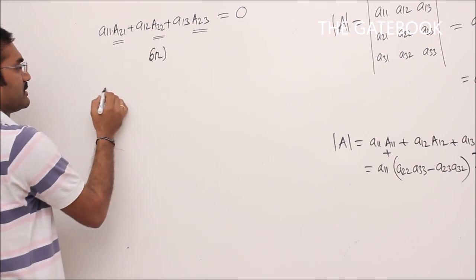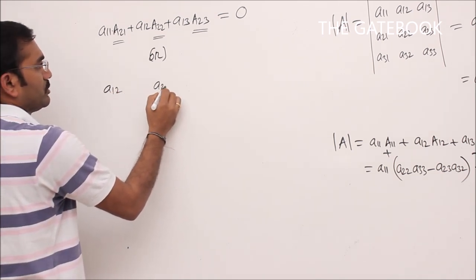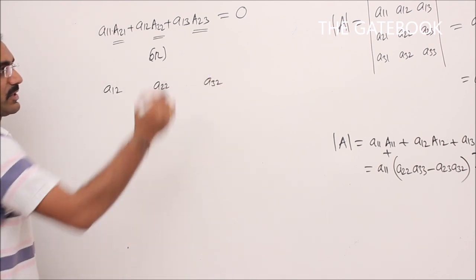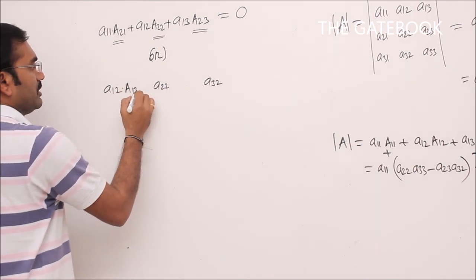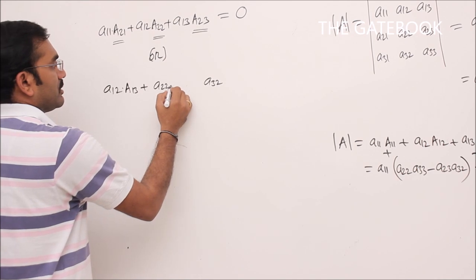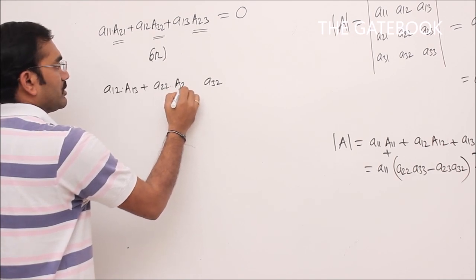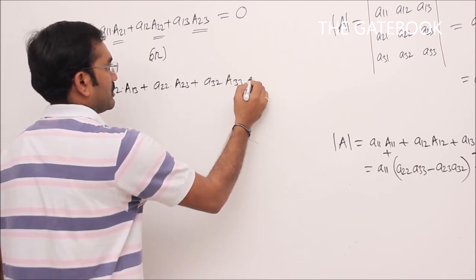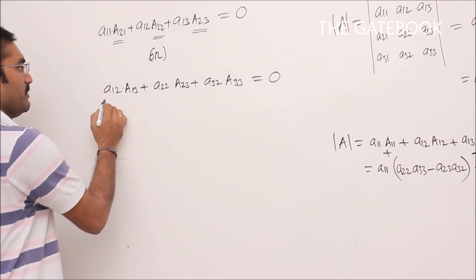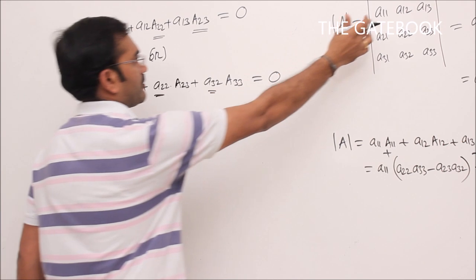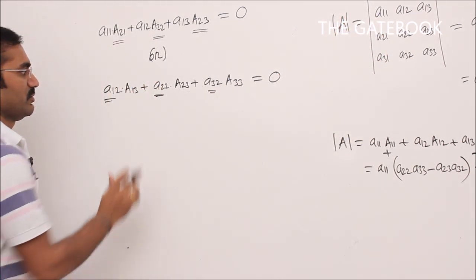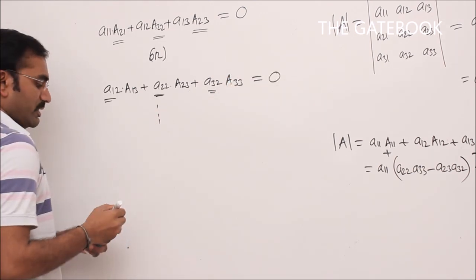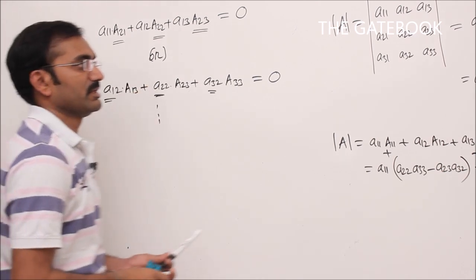Consider the second column A12, A22, A32 and multiply by the cofactors of the third column: A12 into A13 plus A22 into A23 plus A32 into A33. That will definitely be 0. So the elements of the second column multiplied by the cofactors of the third column give 0.